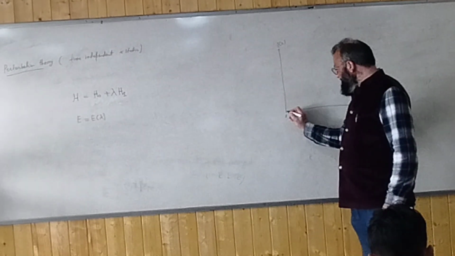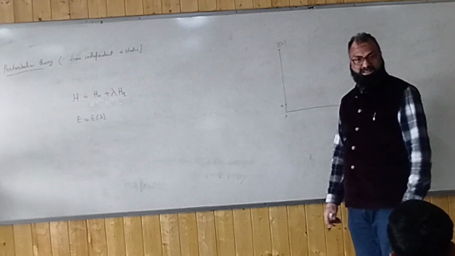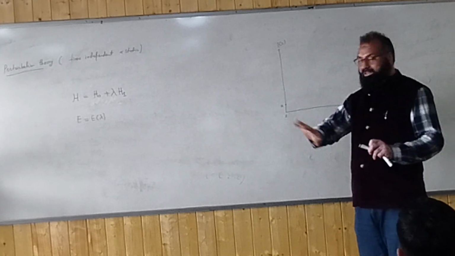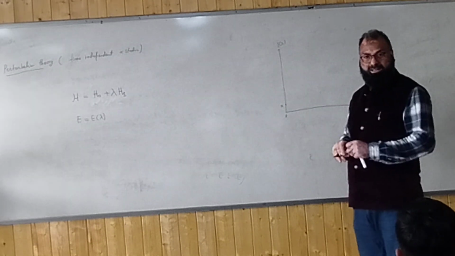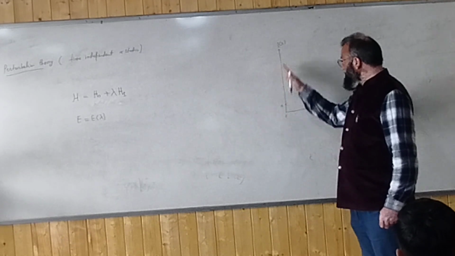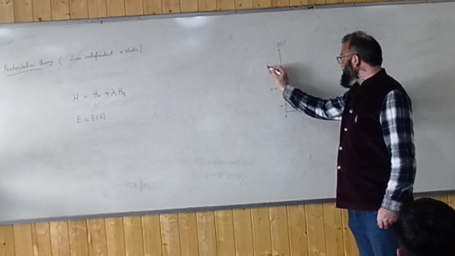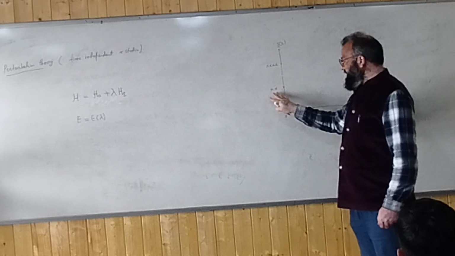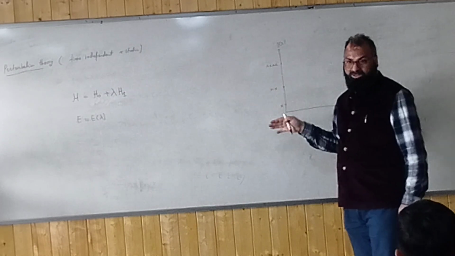At this point you have some solution. It can be degenerate, it can be non-degenerate. For the time being in the perturbation theory we will take the non-degenerate case, but here I will show the degenerate case as well. When you don't have the perturbation, you have some degenerate levels, like this. A cross means you have 2 states corresponding to this energy, and here you have 4 states corresponding to this energy.